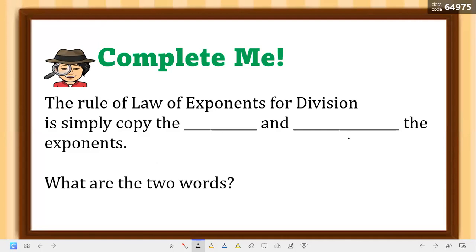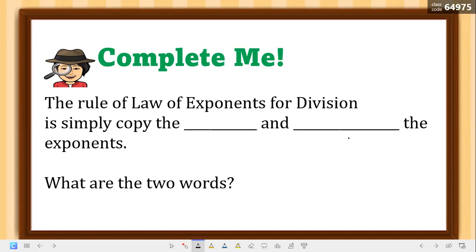Copy the base and subtract the exponents. Sige, can you repeat? Can you complete? The rule of law of exponents for division is simply copy the base and subtract the exponents.